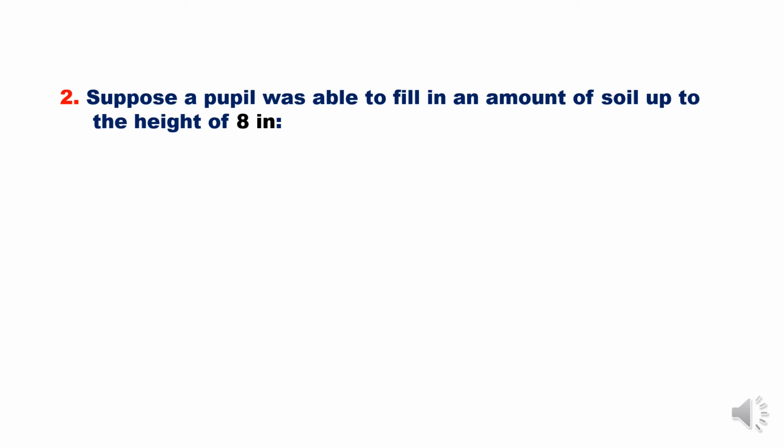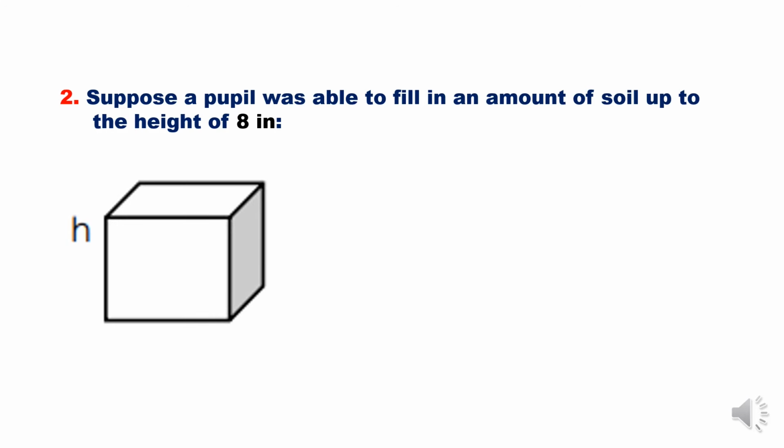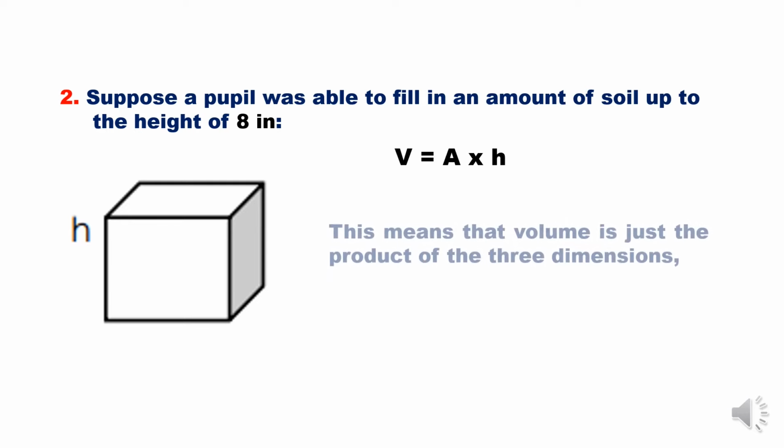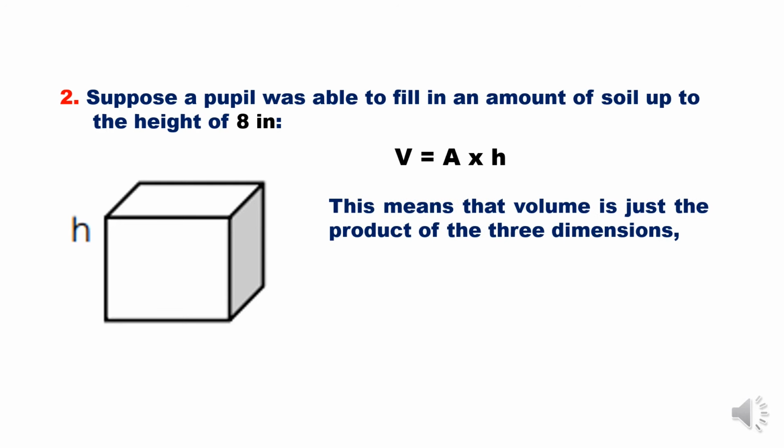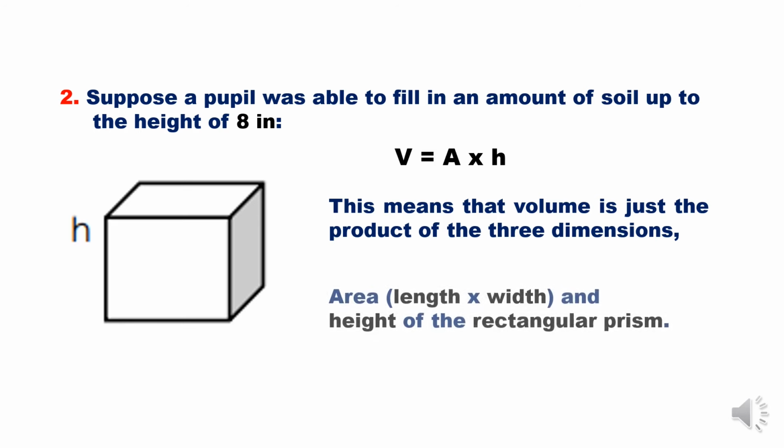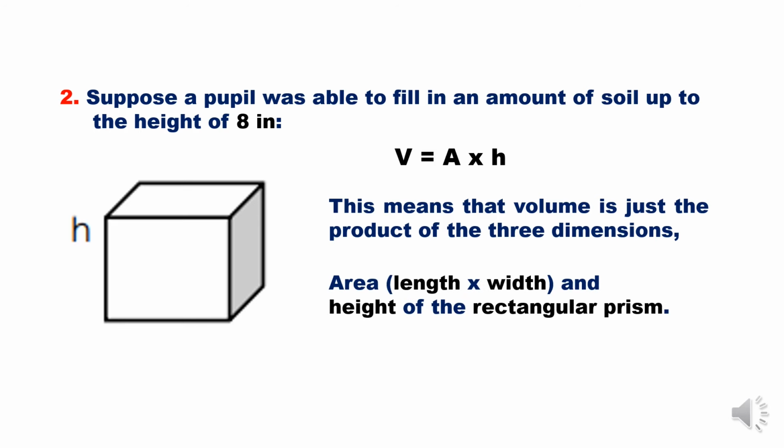Second, suppose a pupil was able to fill in an amount of soil up to the height of 8 inches. So the volume equals area times height. This means that volume is just the product of 3 dimensions: area, length times width, and height of the rectangular prism.